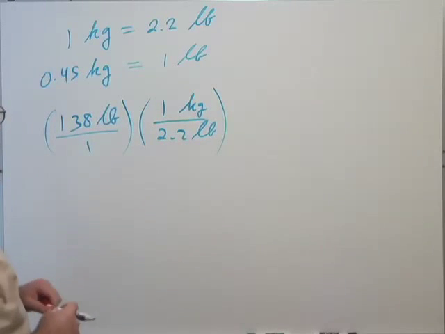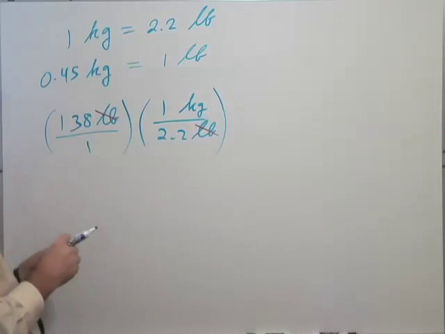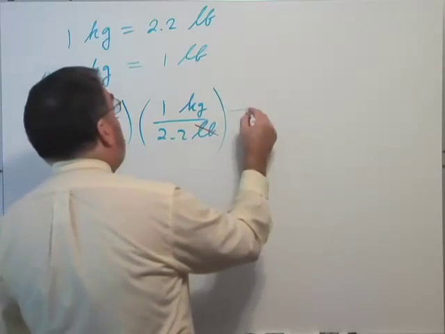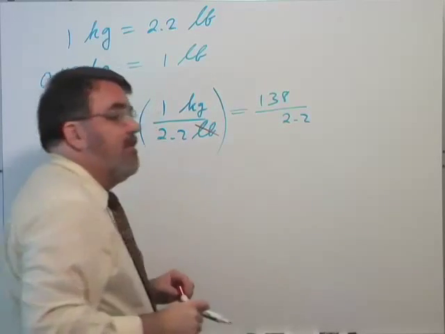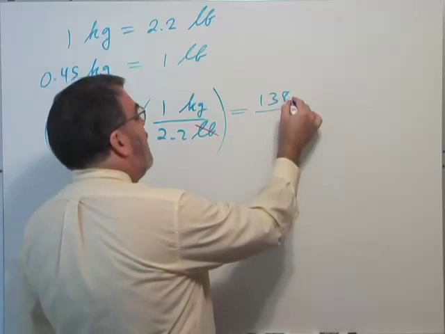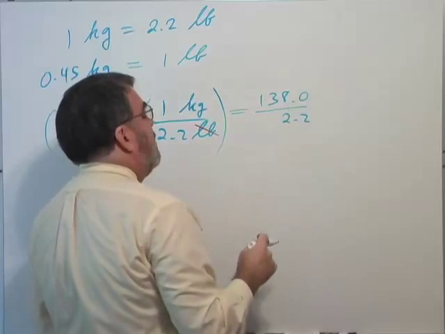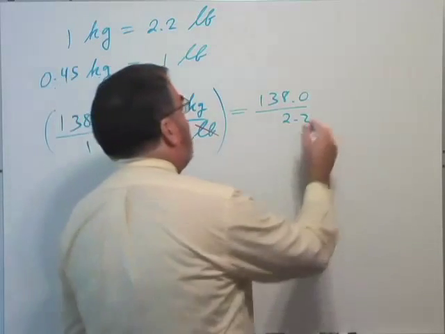All right, so in this calculation, pounds cancel, and we get 138 over 2.2. And I'm going to get rid of the decimal, at least temporarily, by lining up the decimal points and then sliding the decimal points over.